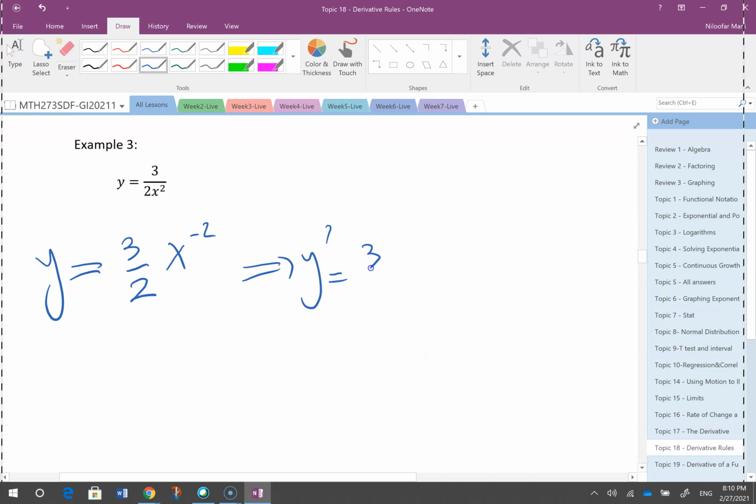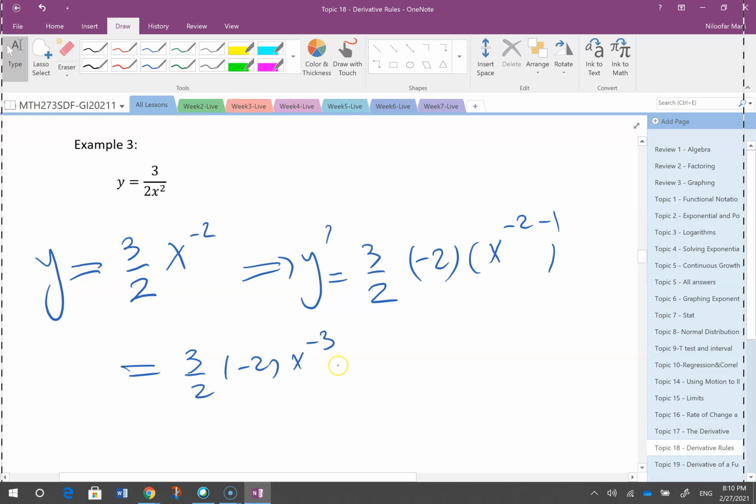Y prime is 3 over 2. See, you carry this, multiple minus 2 multiple x power minus 2 minus 1, which is 3 over 2 multiple minus 2 multiple x power that. Simplify here, this and this cancel.